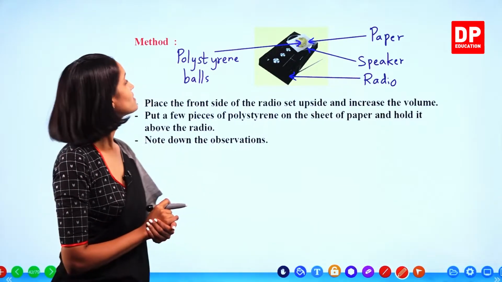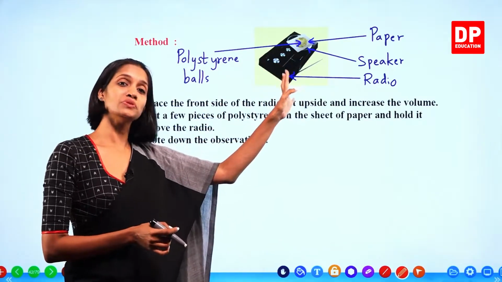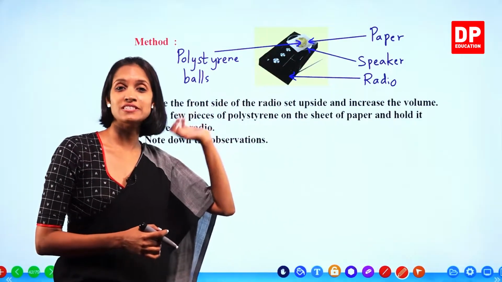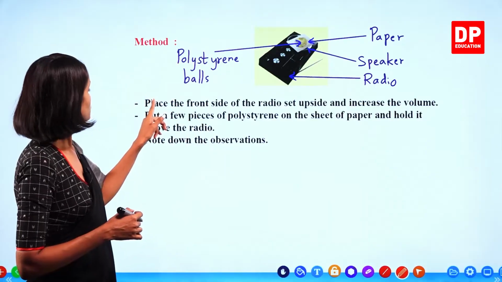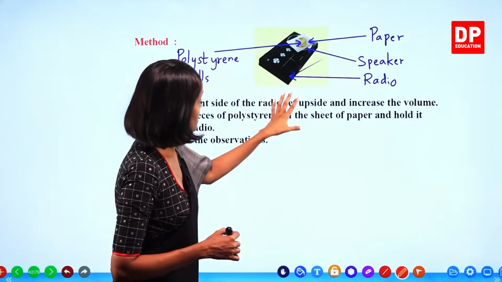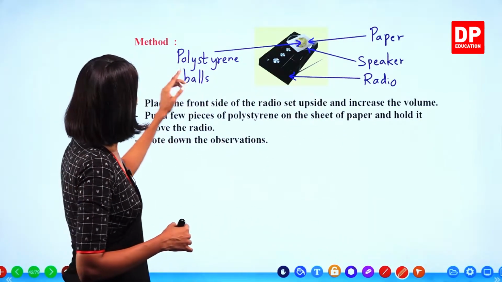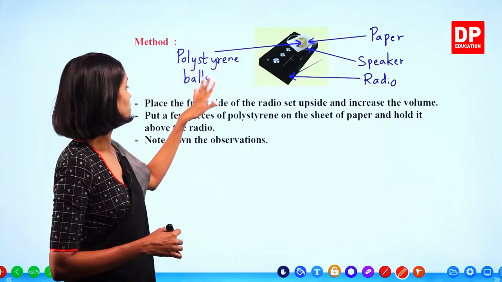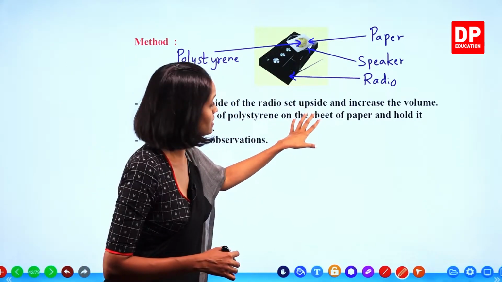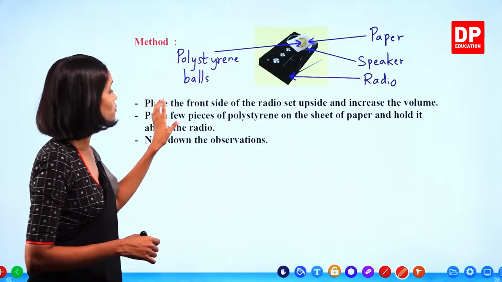Right, children? So how to do the activity? By looking at the diagram, you can understand how to do this activity. The first thing, place the front side of the radio set upside and increase the volume. Then put a few pieces of polystyrene on the sheet of paper and hold it above the radio. Note down the observations.